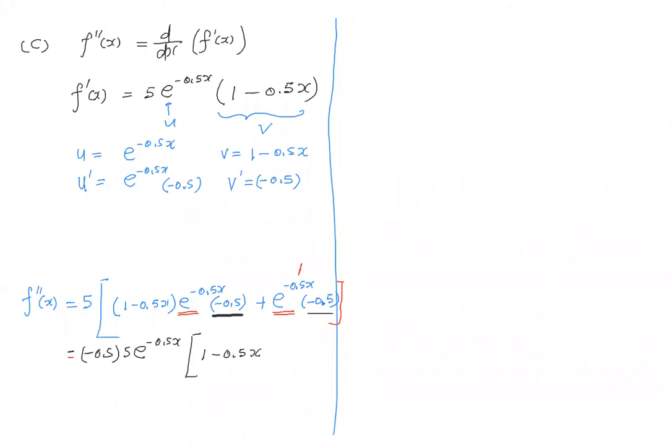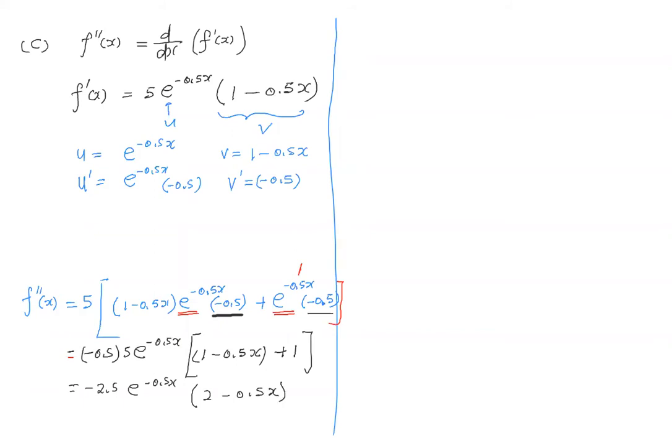Then here there is a 1. Right? So it becomes negative 2.5 e to the power of negative 0.5x, open bracket, 2 minus 0.5x.